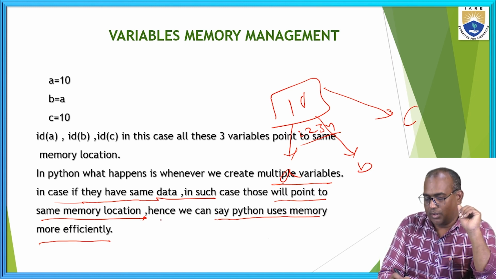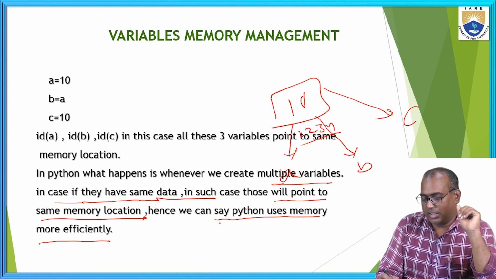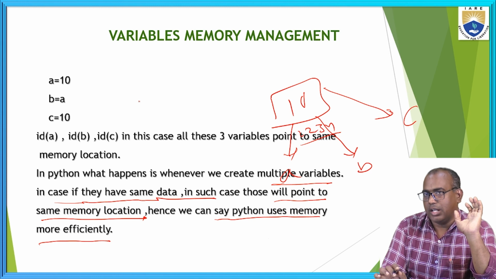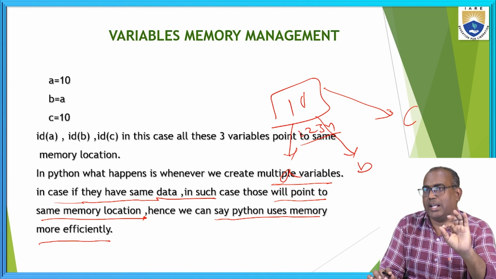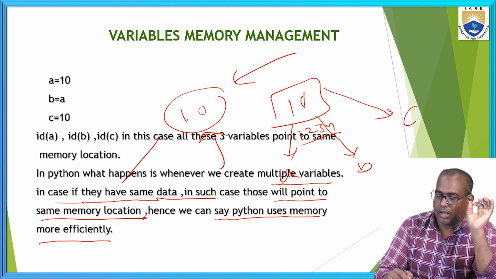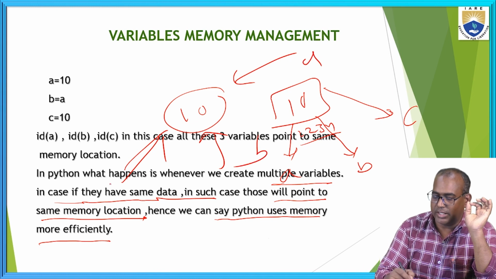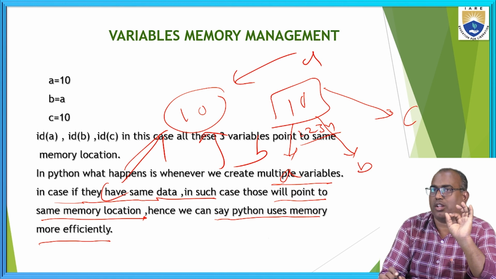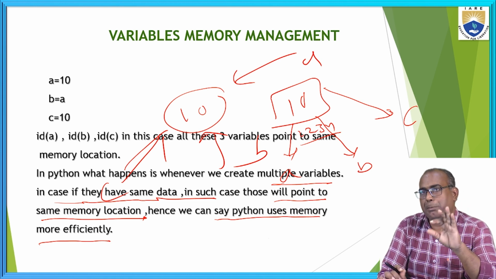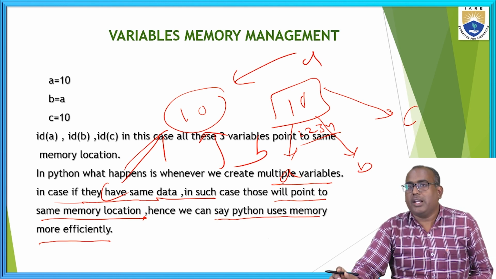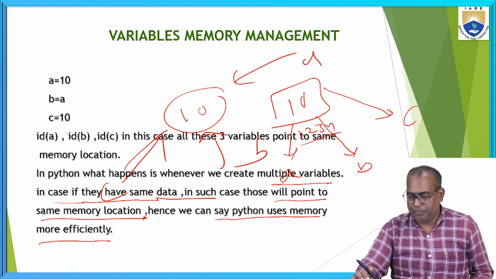With the help of this technique, if we are creating multiple variables and some of the variables have the same data, the data will be pointed to by all these same variables a, b, c. These a, b, c have the same data, so they point to the same memory location to avoid the wastage of memory. So we can say that Python uses memory efficiently.